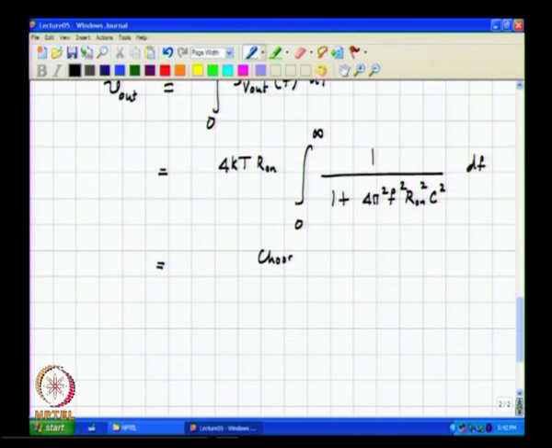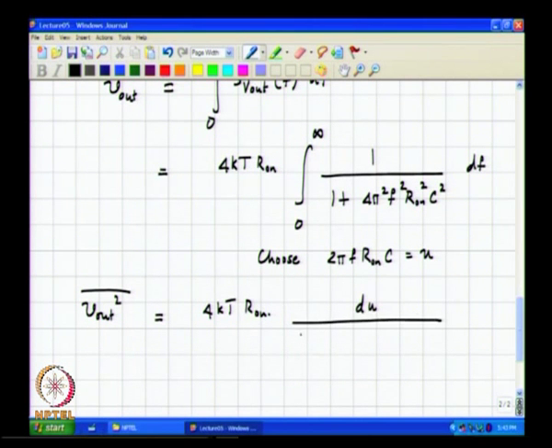If I choose 2 pi f R_on C as u, then this integral simply becomes the mean square value at the output: 4kTR_on times df becomes du by 2 pi R_on C, times 1 by 1 plus u square, and this integral runs from 0 to infinity.